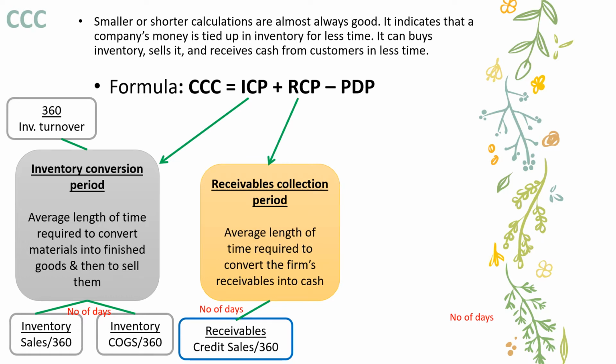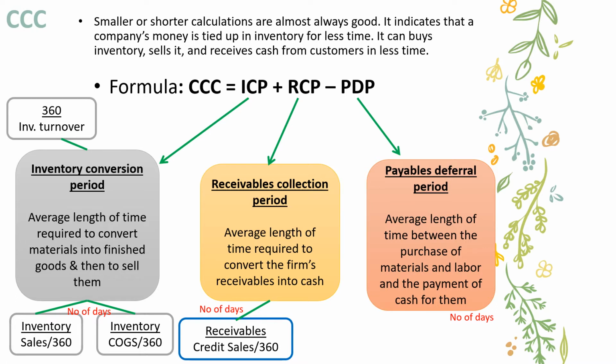RCP is the receivables collection period. Receivable collection period is the average length of time required to convert the firm's receivables into cash. So the formula for RCP is receivables, or sometimes the average receivables, divided by the credit sales over 360.